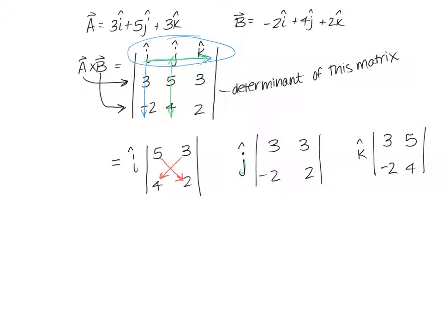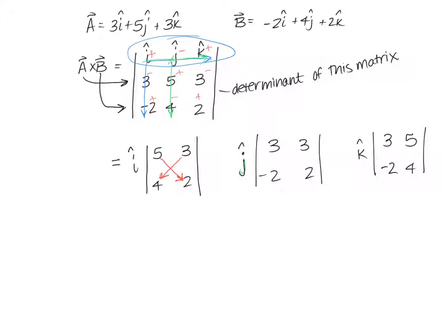But before I go on, there's one more thing I want to talk about, and that's signs. In the matrix, every element has a cofactor, which is the sign. The way it goes is positive, negative, positive, negative, positive, negative.